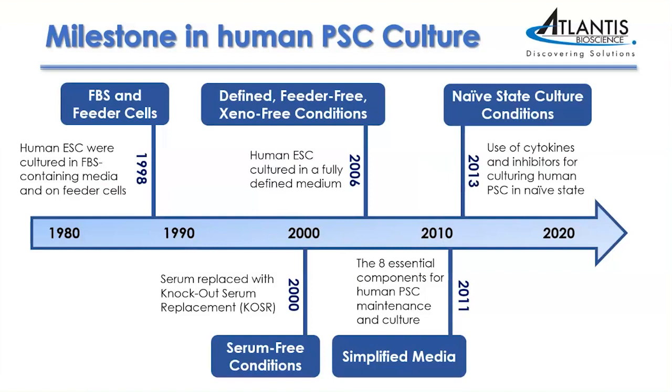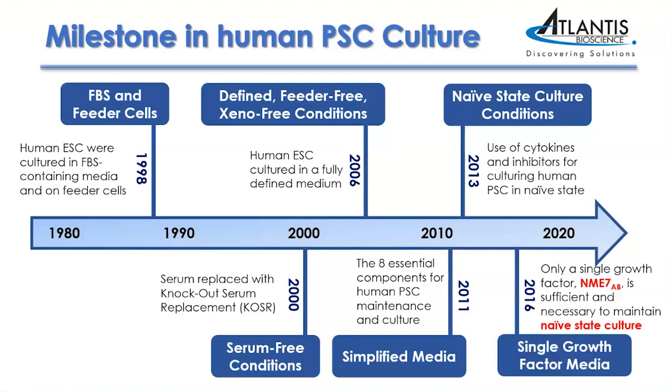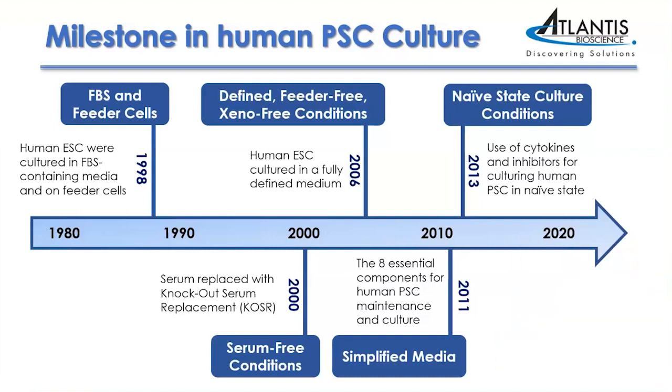Since the discovery of the naive stem cells, researchers have been very interested in establishing conditions to maintain the cells in the naive state. In 2013, naive state culture conditions were established, basically using cytokines and inhibitors to convert the primed human embryonic stem cells to the naive state.